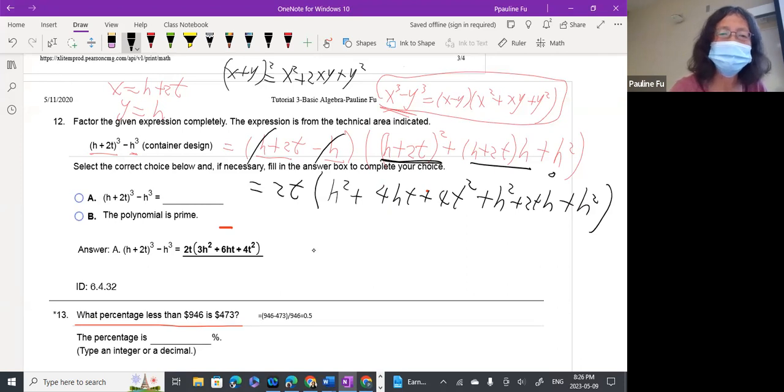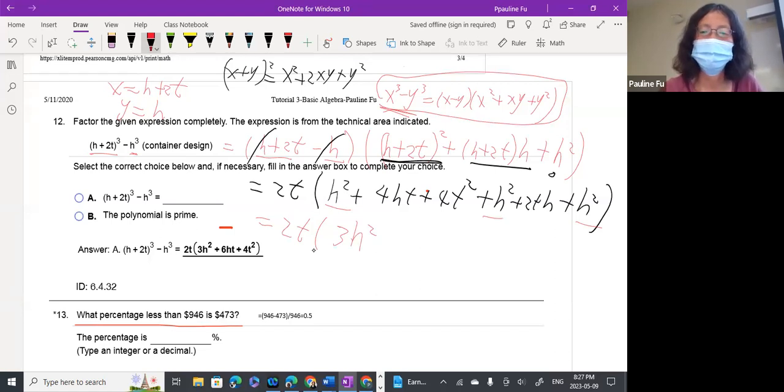You have h squared, h squared, h squared, so with 2t, you have 3h squared. And then you have th: 4 plus 2 equals 6, th or ht. Last item, you have 4t squared.